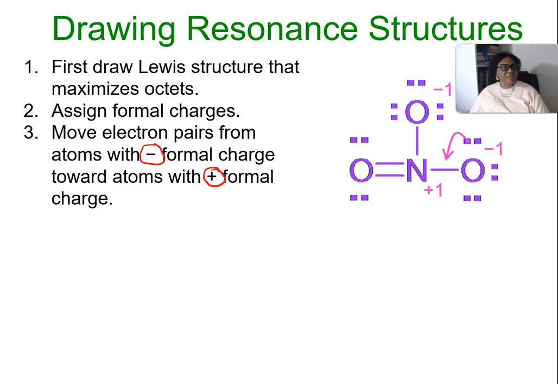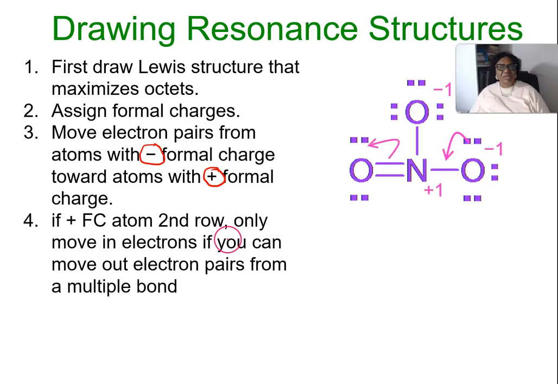So you see that? If the positive formal charge atom is in the second row, only move in electrons if you can move out electron pairs from a multiple bond. If not, don't do that, because they cannot expand their octet.